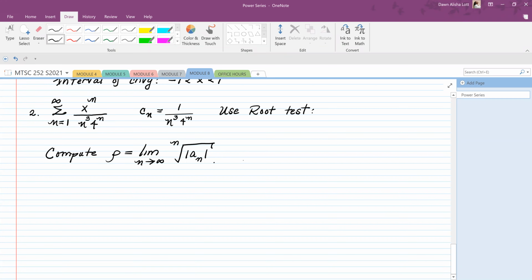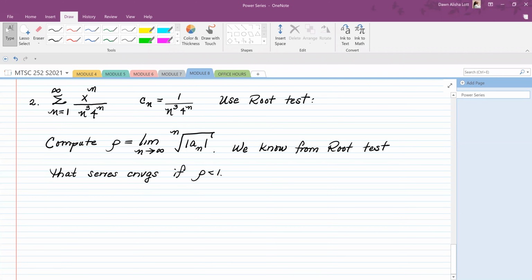We know from the root test that the series converges if rho is less than 1.